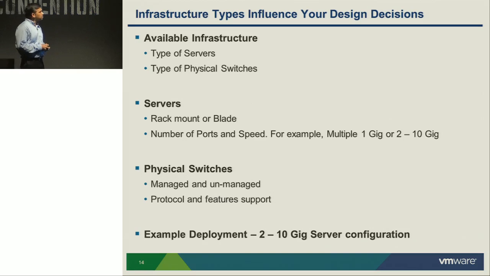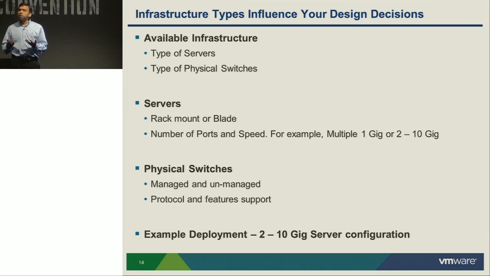One of the things which is important to understand is the factors you have to look into when you start designing. First is what type of servers you have. How many of you are using blade chassis servers in your environment? Wow, it's almost more than 50% of people using blade chassis designs.